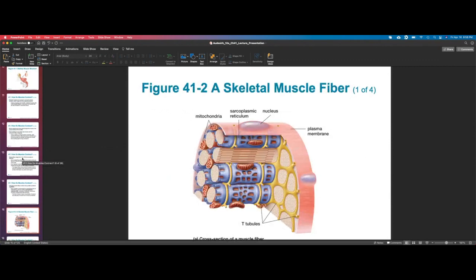So here we see there are quite a few different parts to a skeletal muscle fiber. You're going to see multiple nuclei, a lot of mitochondria, sarcoplasmic reticulum, and these structures called T-tubules as well. And then, of course, those myofibrils.